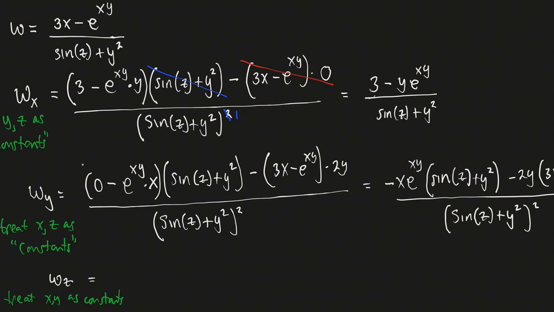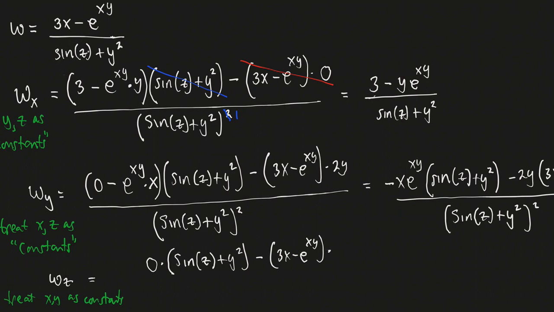So when I take the derivative of the numerator with respect to z, there is no z. So we're going to have 0 times, and then I'll still put the bottom, but we know what's going to happen there. So sine of z plus y squared, and then minus the top. So that 3x minus e to the xy is there, and then times the derivative of the bottom.